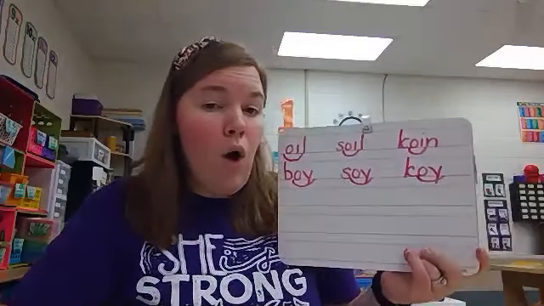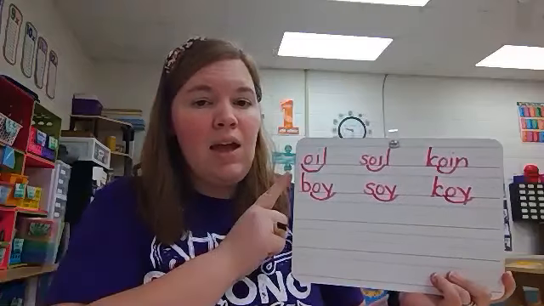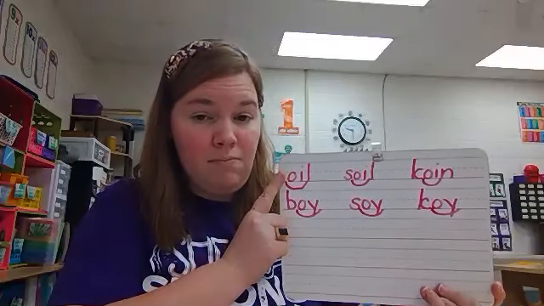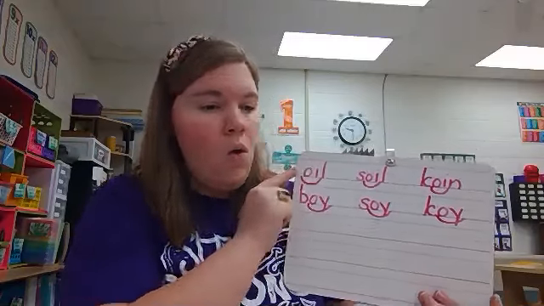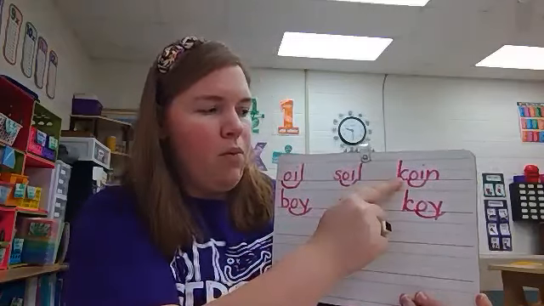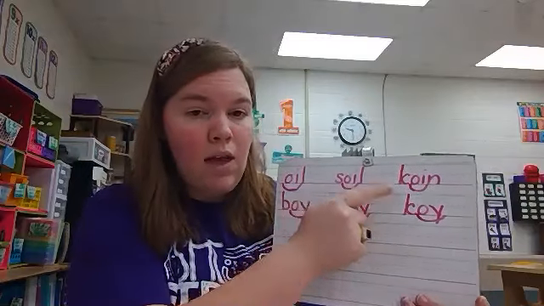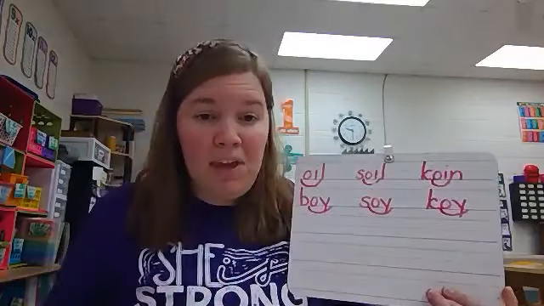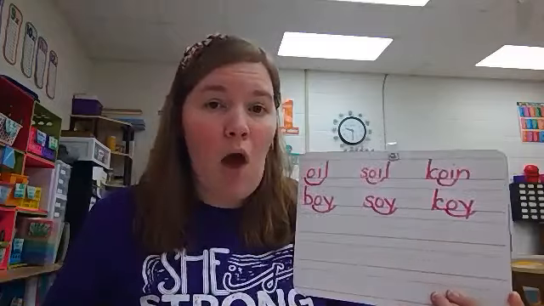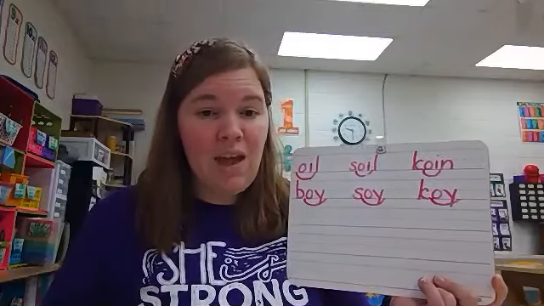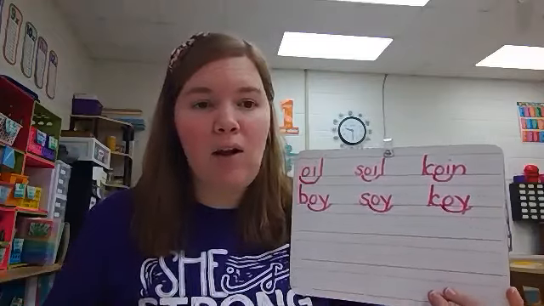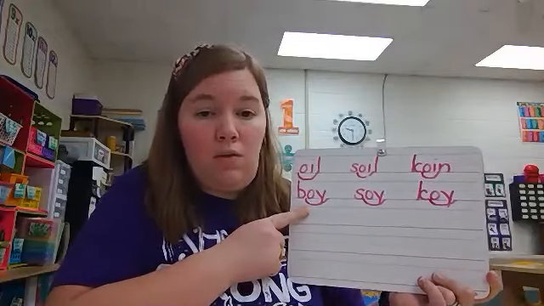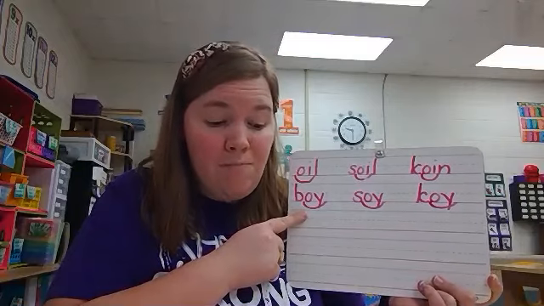So OI can be found at the beginning of words, just like oil, or in the middle of the word, like soil and coin. So at the beginning and in the middle, we use OI. If the oi sound is at the end in the final position, we use OY.